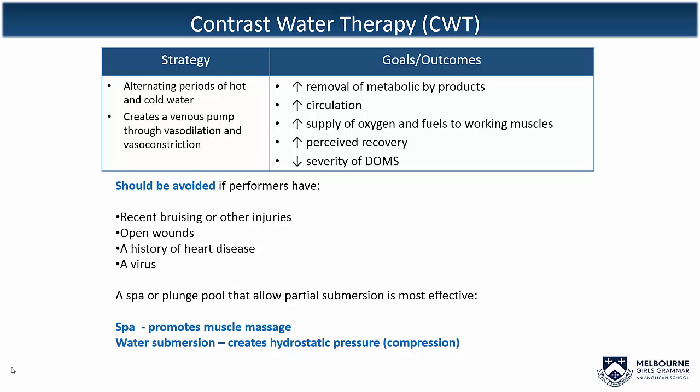So why this is good, because you get both of them. You get an increase in blood flow to the muscles during the periods of hot time, which increases circulation, and then you shut that blood flow down. You get vasoconstriction. You get an increase in blood flow to the core part of the body. So again, it should be avoided if people have bruising and other injuries.